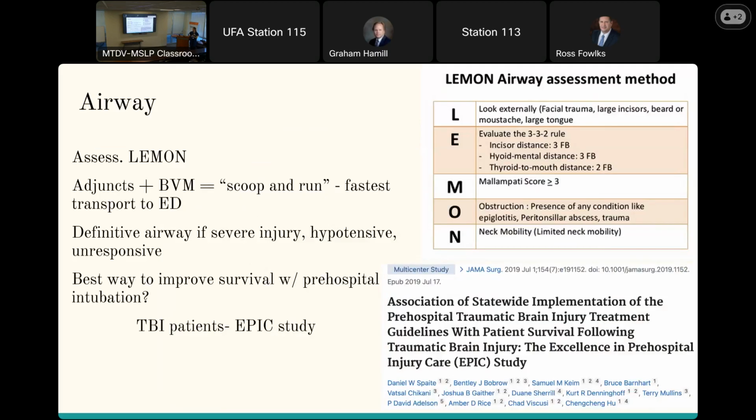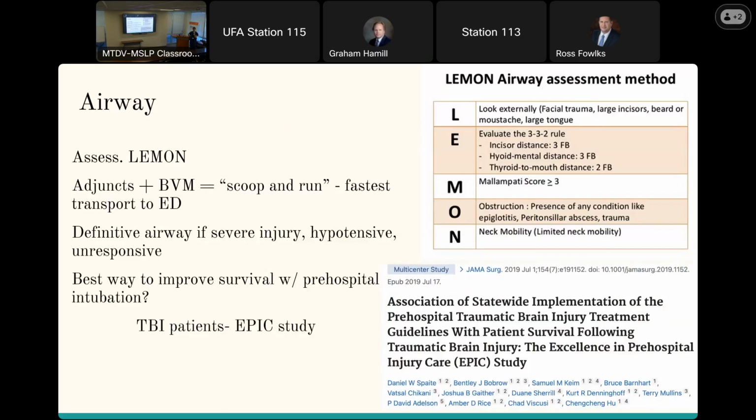For airway specifically, these are some principles that we use in the hospital. I'm curious to see if you've ever heard of this LEMON acronym before. It's interesting. Anesthesiologists teach us in medical school how to evaluate for a difficult airway. You probably do these instinctively, looking for any signs of a difficult airway.